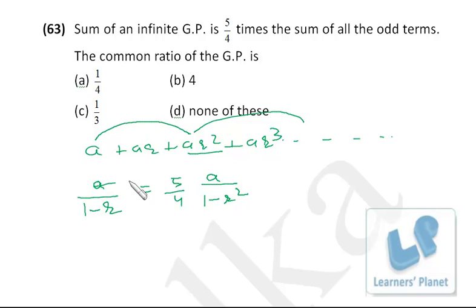Okay, now here a and a is cancelled, and 1 minus r square can be written as 1 minus r and 1 plus r. 1 minus r and 1 minus r is cancelled. So here 4 into 1 plus r is equal to 5, right? So 4 plus 4r is 5. So 4r is equal to 1. r is equal to 1 by 4. Okay.